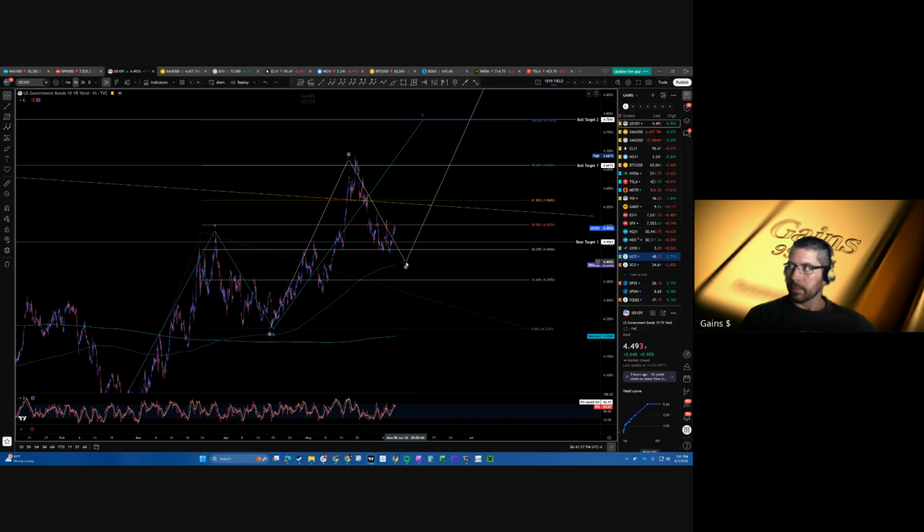If that translates to the S&P, that could definitely give us that last bullish run up to complete this pattern. Now this is just one part of a smaller part of a larger pattern.